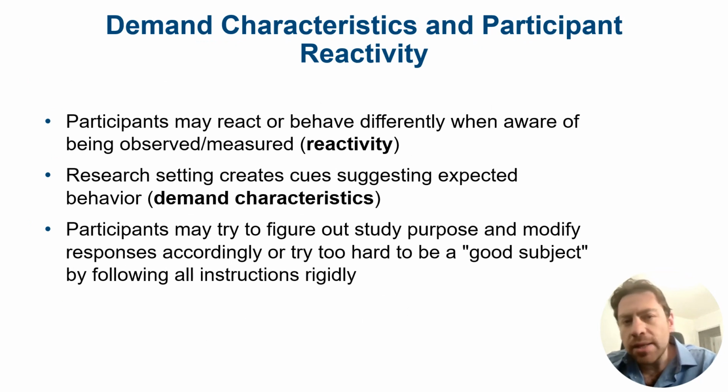So another problem, which has the potential to influence the data and introduce all kinds of artifacts, is what is known as demand characteristics and reactivity. So in psychology, research tends to be conducted on living things, living beings.